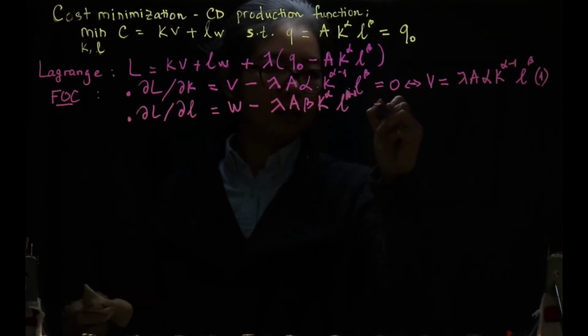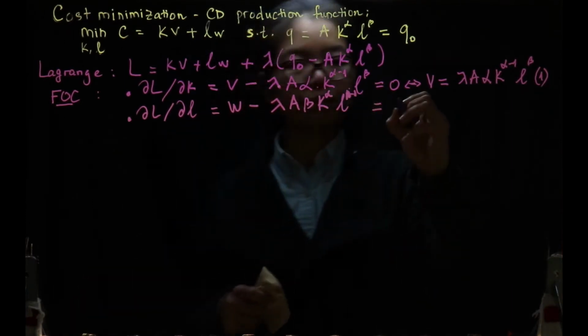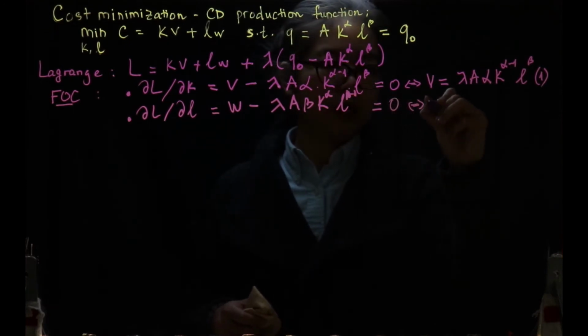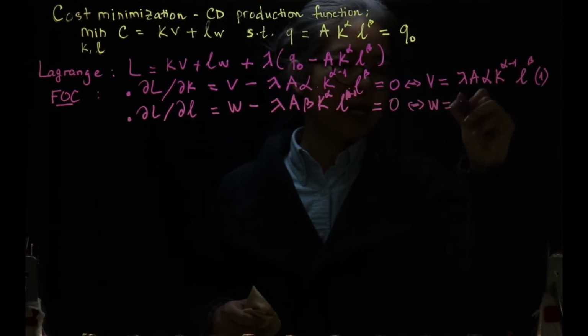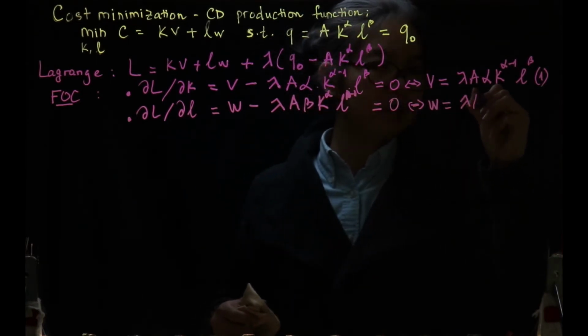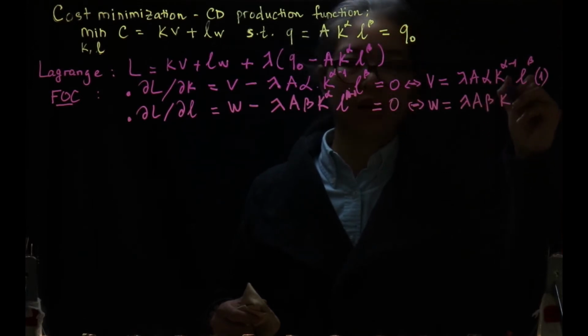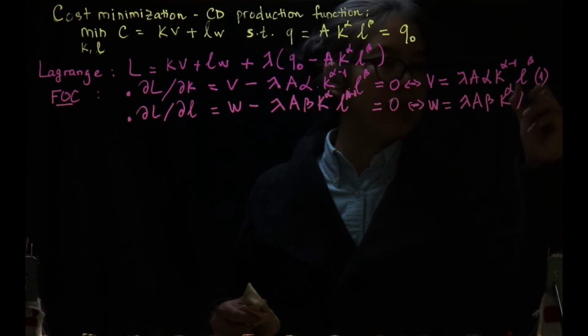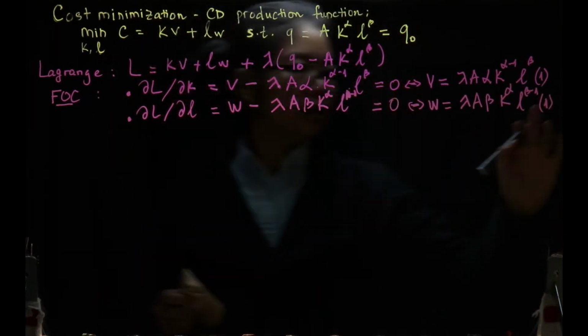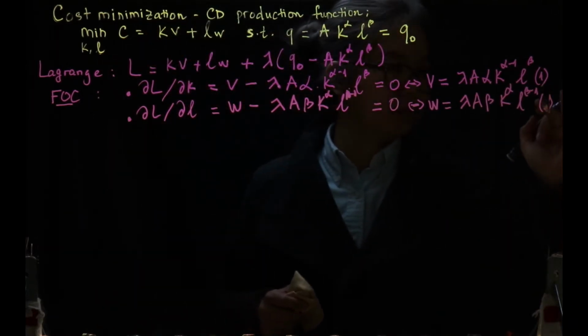It's a little bit tight, but that's fine. And we could also rearrange already. So W equals lambda times A times beta times K to the power of alpha times L to the power of beta minus 1. Here should be the second equation.